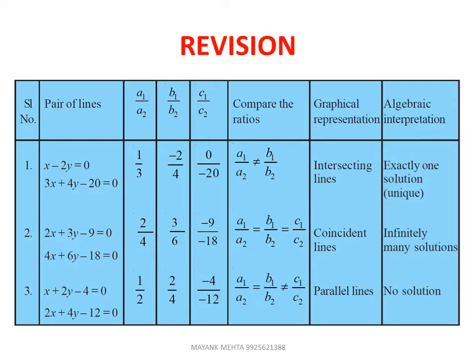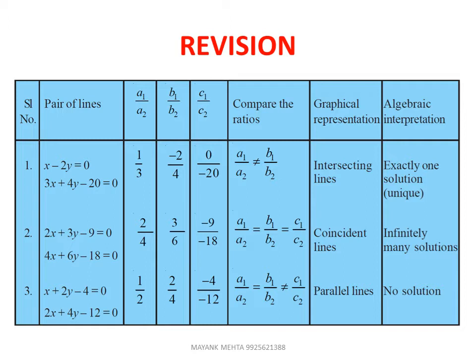First of all, let us revise one basic thing: for any two equations, we first need to find the ratios a1 by a2, b1 by b2 and c1 by c2. If these three ratios are equal, then the lines are coincident.